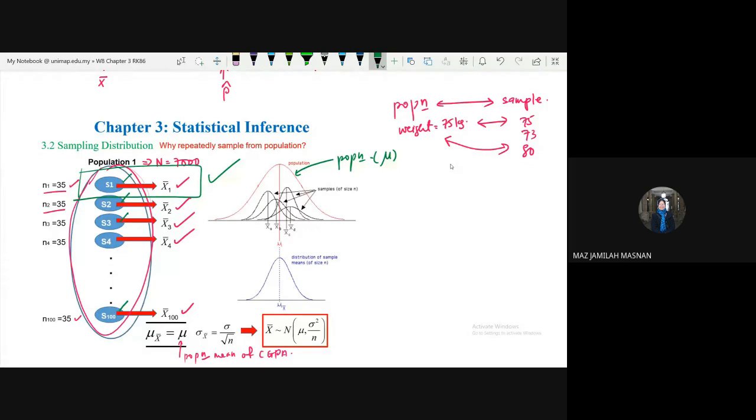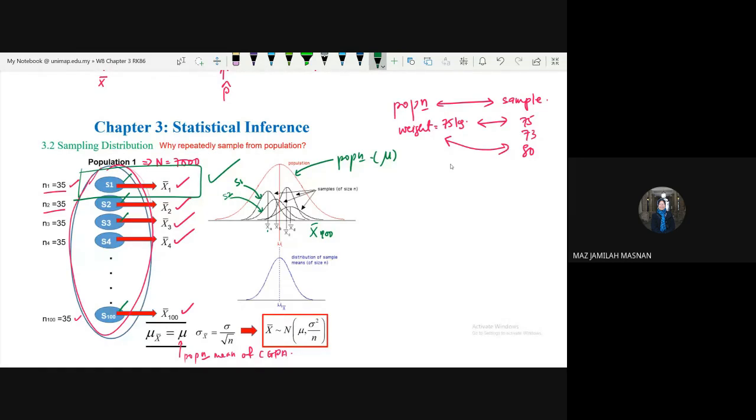If we are referring to our first sample, we will have the mean of our CGPA from sample 1. The same goes for the second sample, where we may have a second mean CGPA, the same for the third one, the fourth one, until the 100th sample.